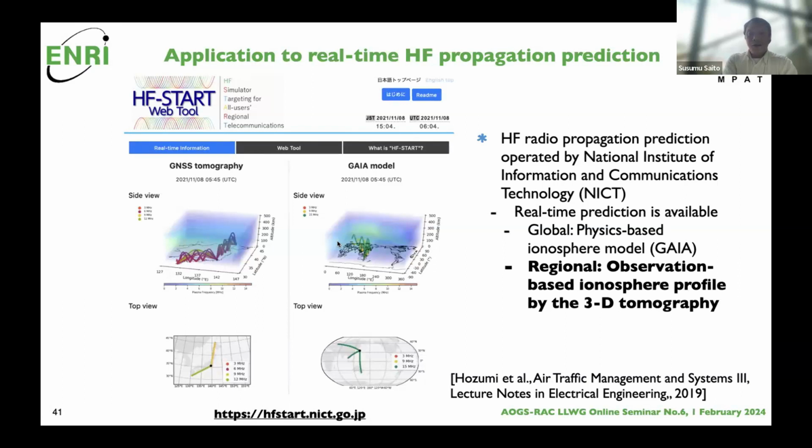So the real-time 3D tomography is not only useful for scientific purposes, but also for the radio application.